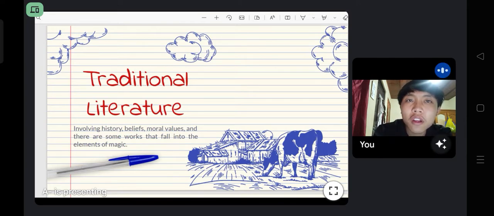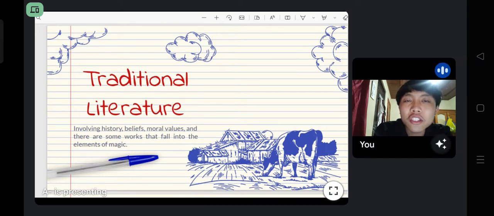This traditional literature can be used because it will motivate and attract student attention, since it can provide an interesting plot, interesting history, and also good morals and values that can help young learners to be good people.